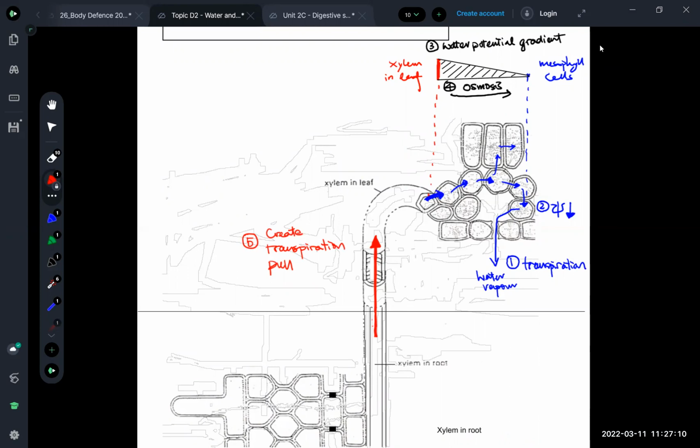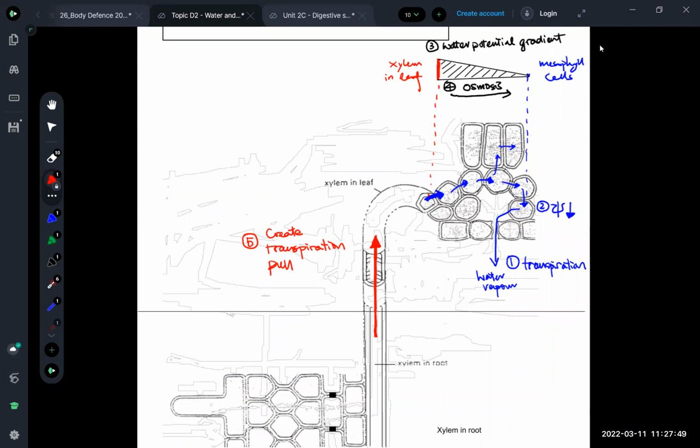水唔會無啦啦向上行嘅，總要有個力㗎，係咪？有道力拉啲水向上，呢個就係 transpiration pull.